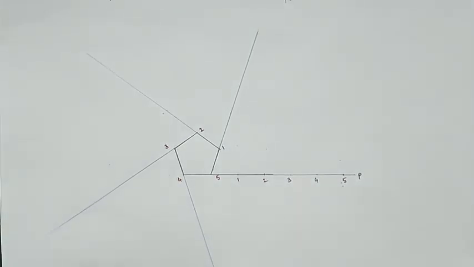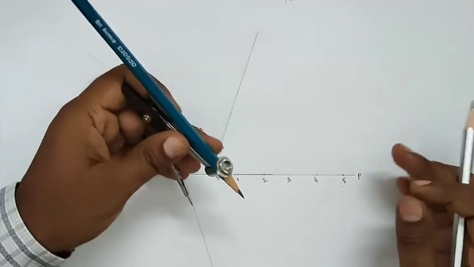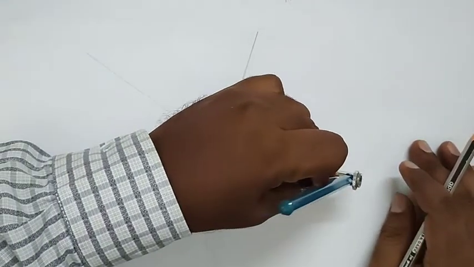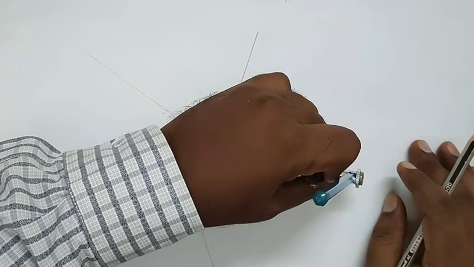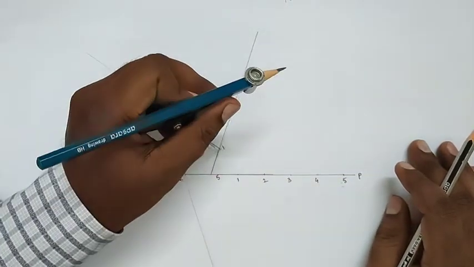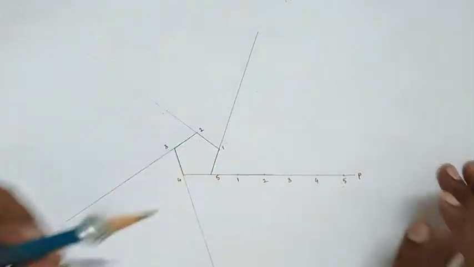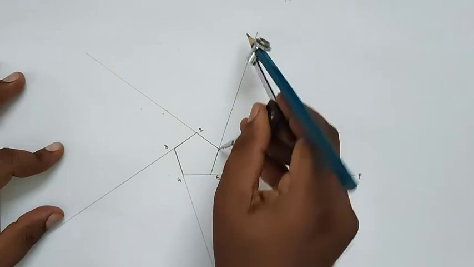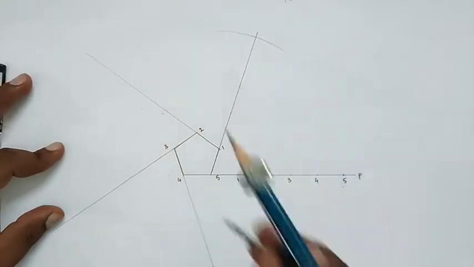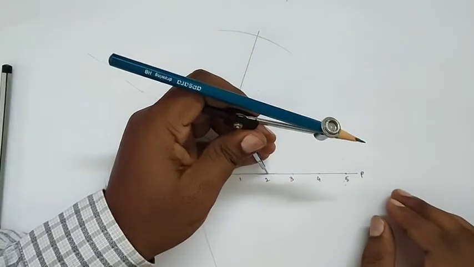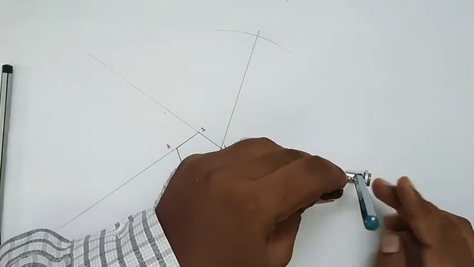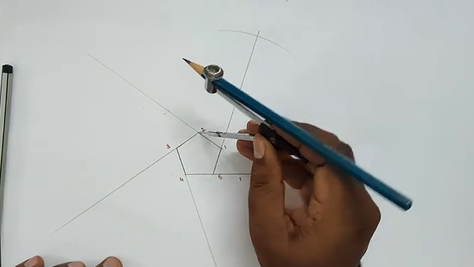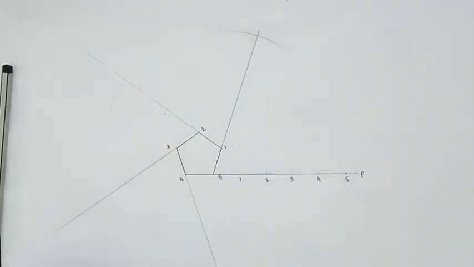Now measuring, in this problem you take the measure of the 1P line length as radius, with 1 as the center, and draw the larger arc. Then 2P radius, with 2 as the center, draw the arc.